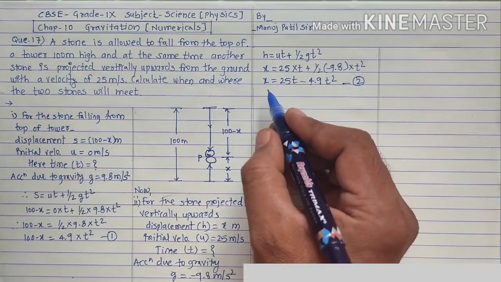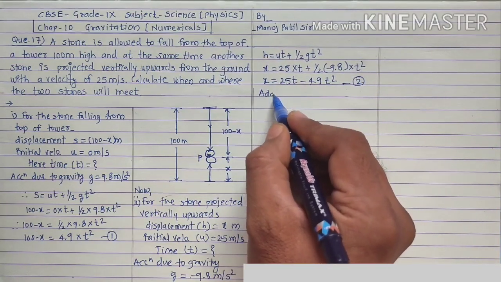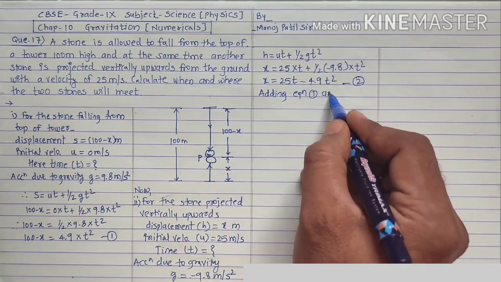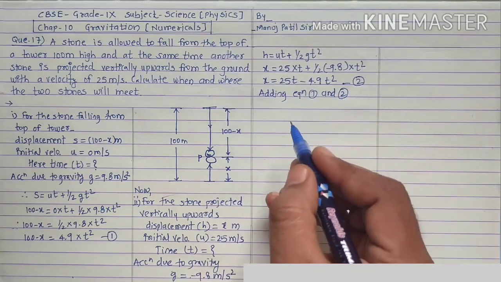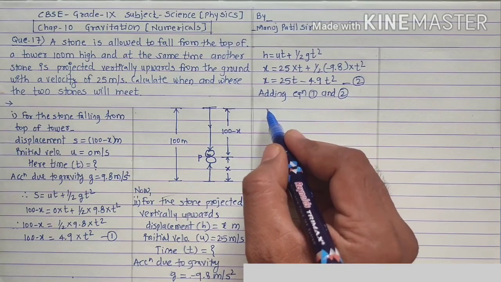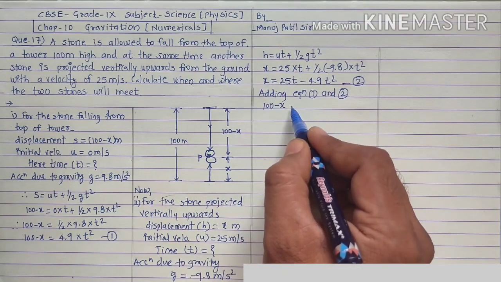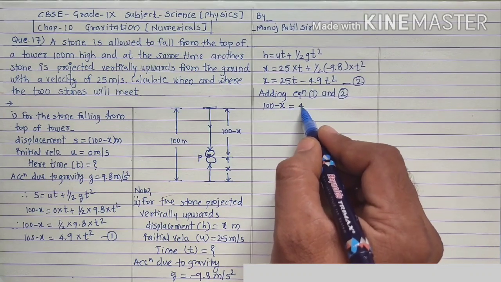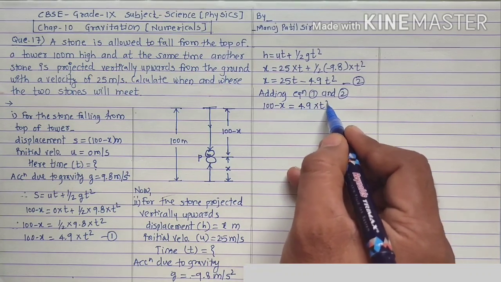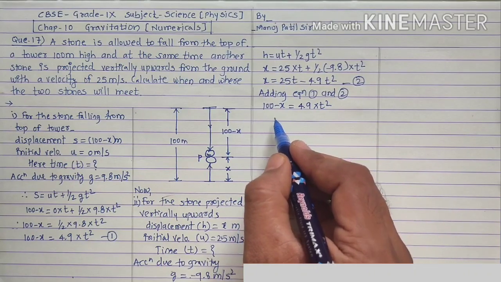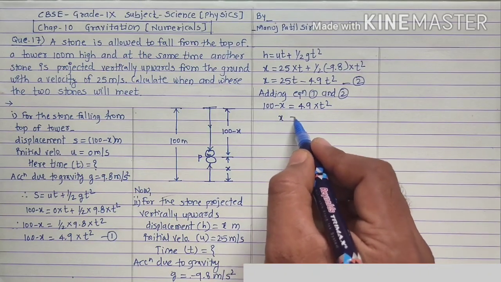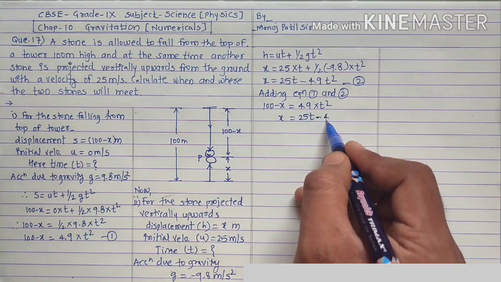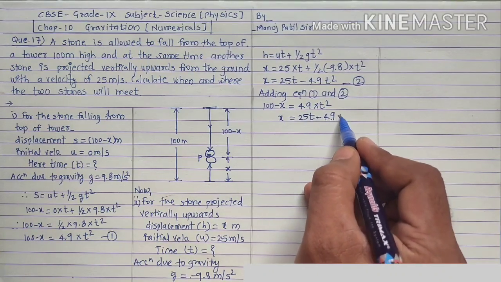So we'll add equation 1 and 2. Adding equation 1 and 2, what do we get after adding? So here 100 minus x is equal to 4.9 into t square, and here x is equal to 25t minus 4.9 into t square.